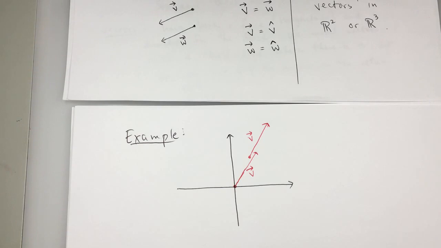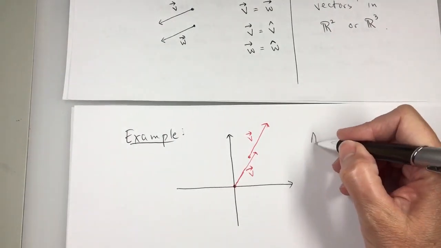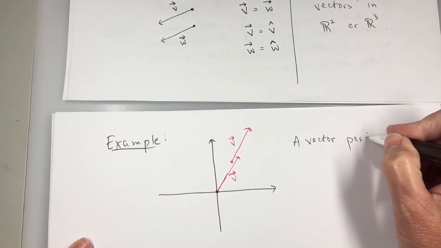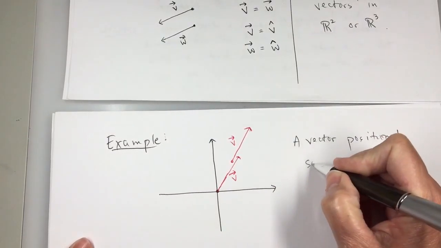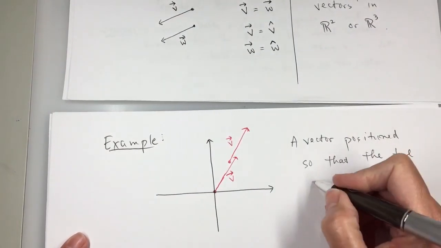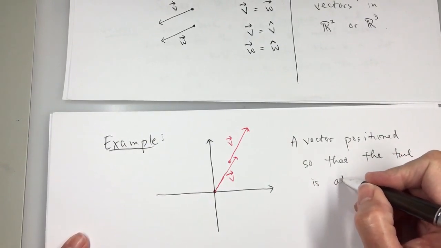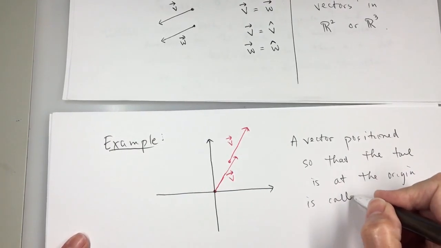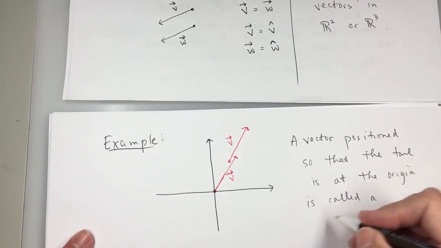When I do that, we give that one a special name. What is it? Just checking to see if you may know from physics. That's the position vector. So a vector positioned so that the tail is at the origin is called a position vector.